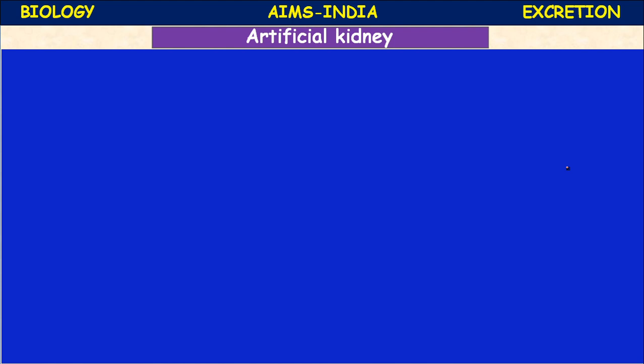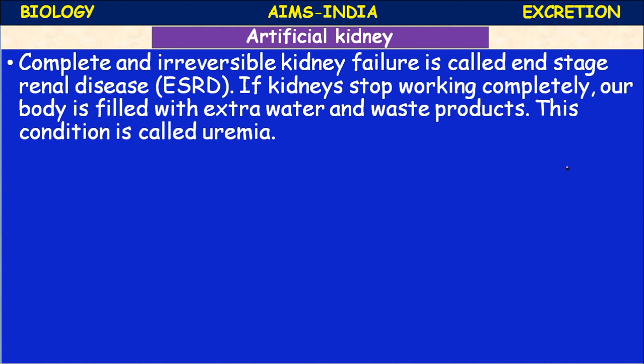The regulation of kidney function depends upon some hormones also. Sometimes kidney failure occurs. So during kidney failure, this method, what do you call it? Artificial kidney.